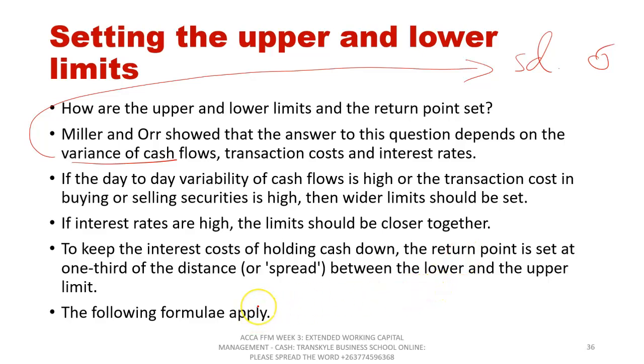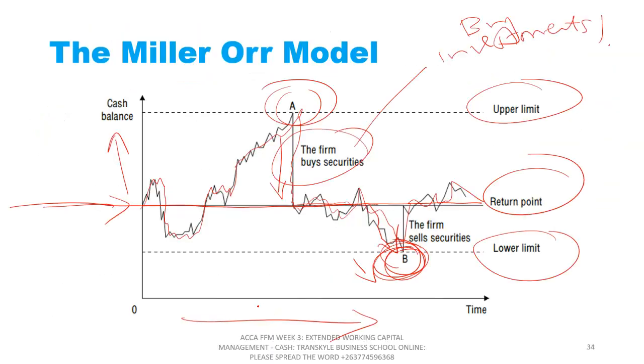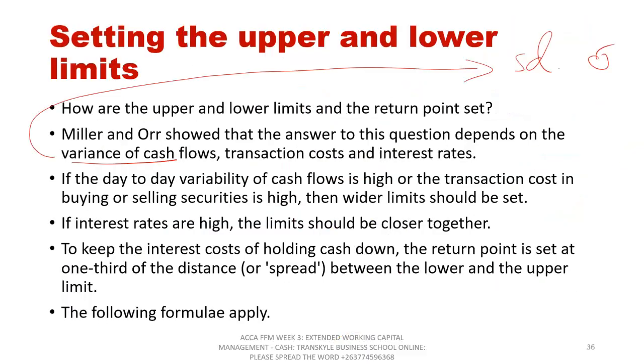There is a formula I'll show you. So we are being told that this is the spread, the distance between the upper and the lower limit. Sometimes it comes in the multiple choice questions, and you might be found wondering. Do not be caught unprepared.